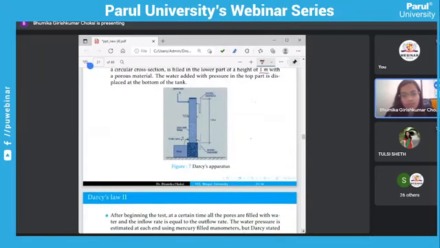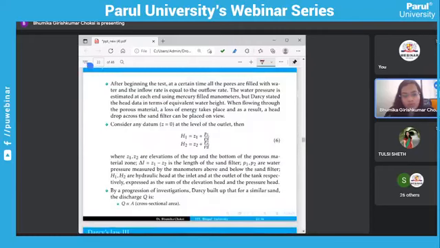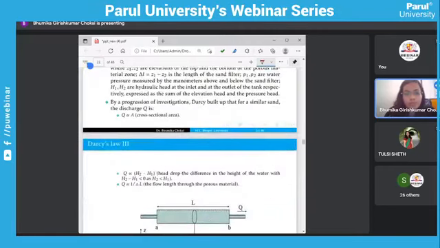It is directly proportional to the pressure difference and inversely proportional to the flow length through the porous material. Whatever the difference of the length, flow length, we are considering it as L or delta L. So by combining this, is there any query from the audience?